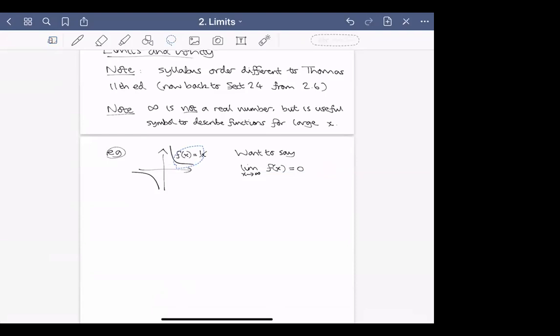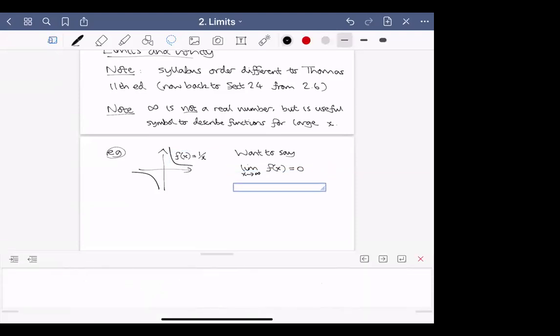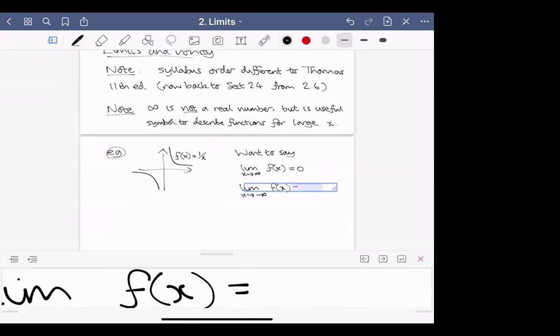Just that as x gets large, then f(x) gets very small, and f(x) can be as small as I like, so I say the limit is 0. And in the same way, I want to say the limit as x goes to minus infinity of f(x) is 0 for the same reason.